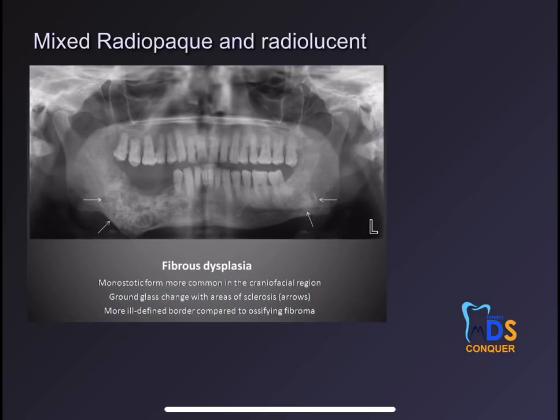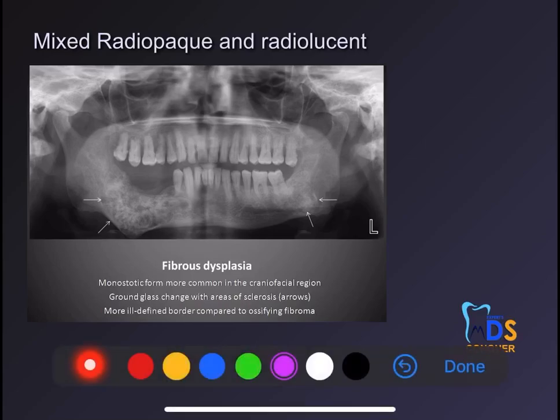So now there are also mixed radiopaque radiolucent lesions like fibrous dysplasia, which shows a ground glass appearance. As you can see, it shows a ground glass appearance, right? That is an important feature of that, and it has more ill-defined borders compared to the ossifying fibroma, whereas in ossifying fibroma the border is usually well defined, but in fibrous dysplasia it is ground glass, it is a mixed lesion and has ill-defined borders when compared to ossifying fibroma.